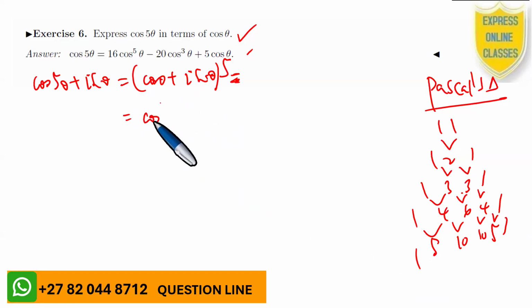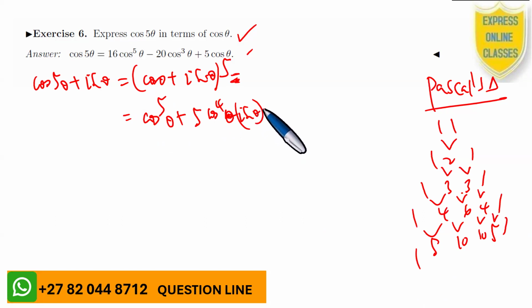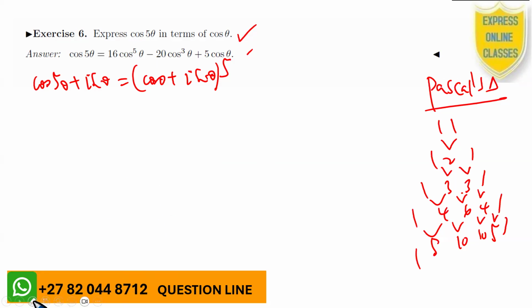So it's going to be cosine to the power 5 of theta. Then you put 5 cosine to the power 4 of theta, which is i sine theta. So we continue. So which is cosine 5 theta.